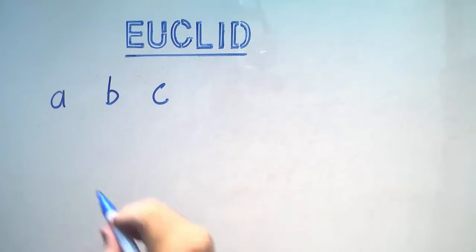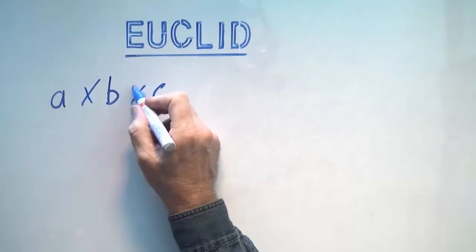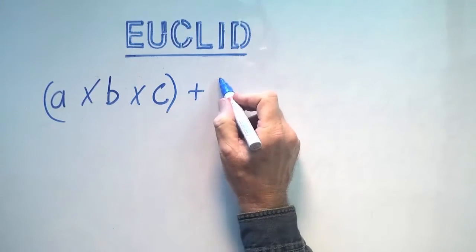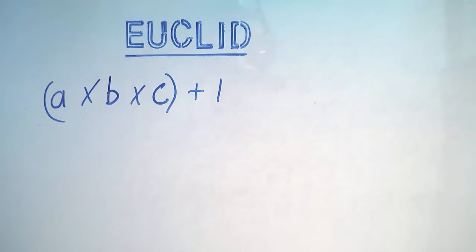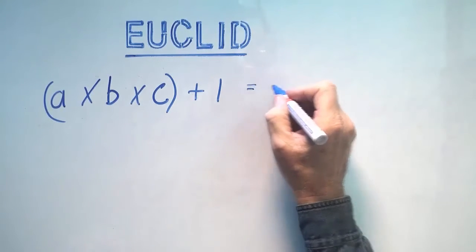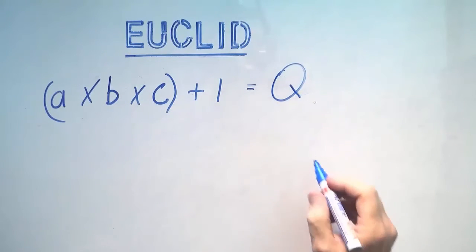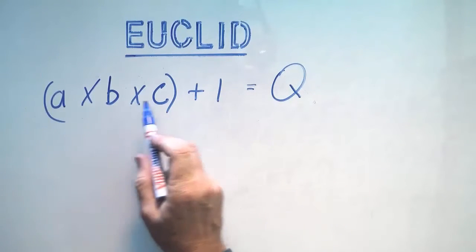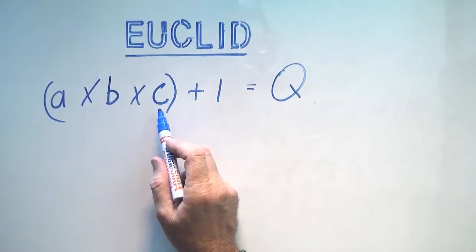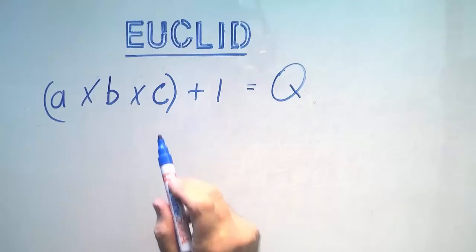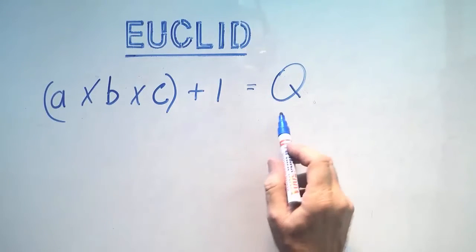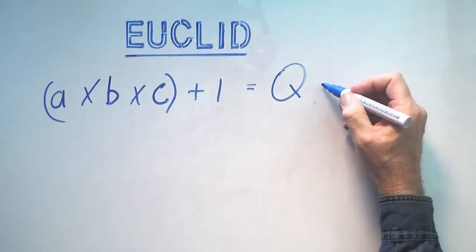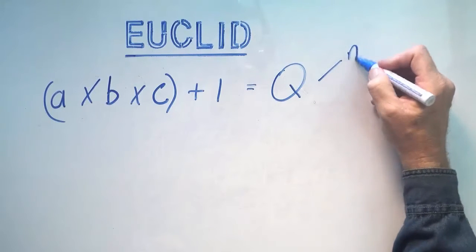So he takes the product of those primes and then he adds 1. So let's call this new number Q. This number Q is not divisible by any of the primes listed. So what sort of number is Q? Well, it could be a new prime, that's possible.